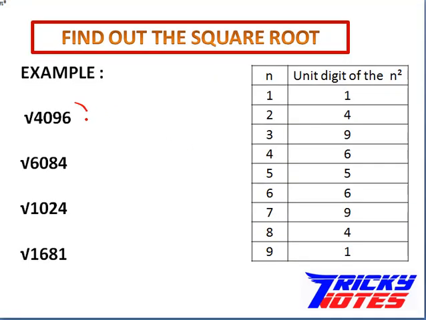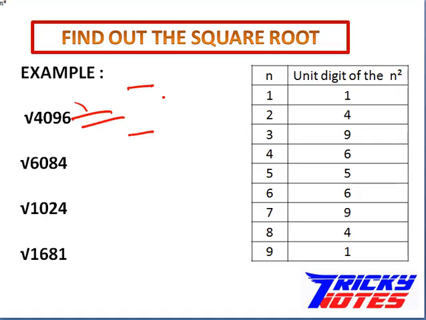See, the first question is 4096. Friends, we first need to find the upper limit and lower limit. The square of 6 is 36 and the square of 7 is 49.